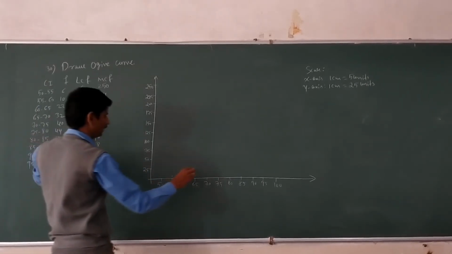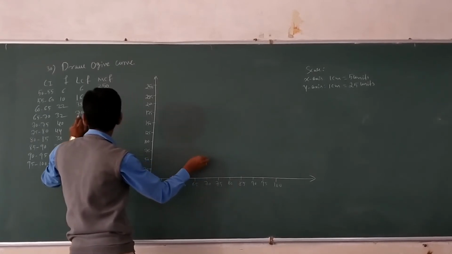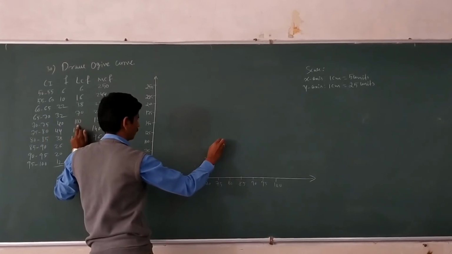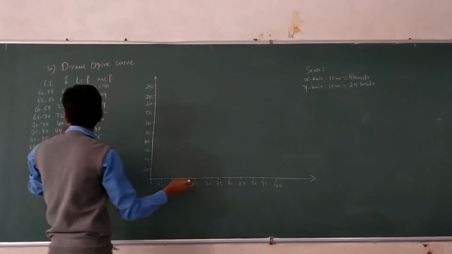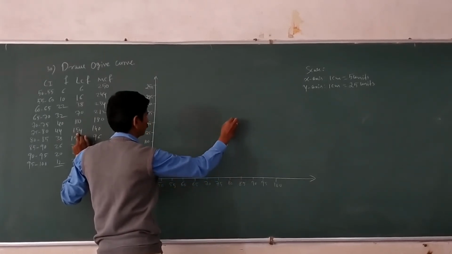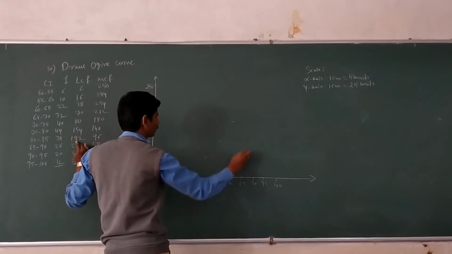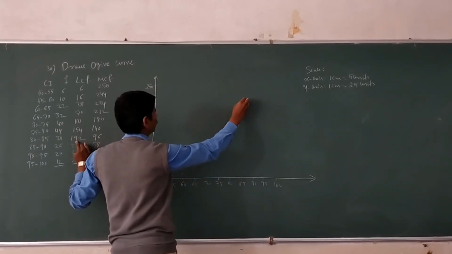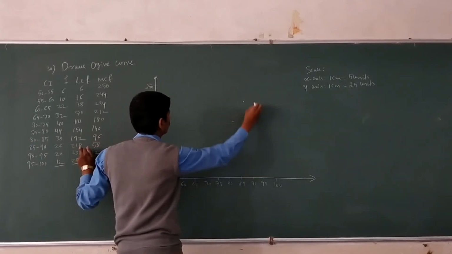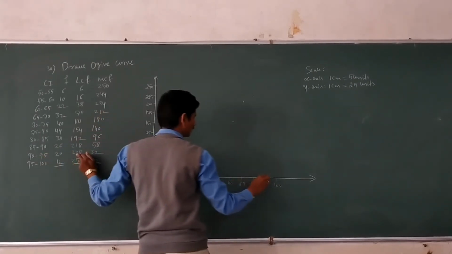70 is 70. 75 is 110. 80 is 154. 85 is 192. 90 is 218. 95 is 238.